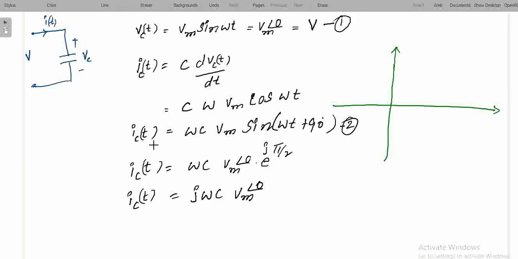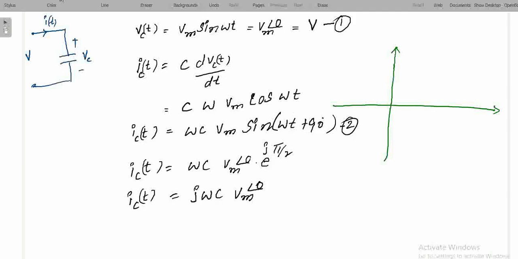So if I consider IC of t, let us observe this VC of t and IC of t. If we observe these two, this IC of t is having plus 90, that is nothing but the current leads the voltage.